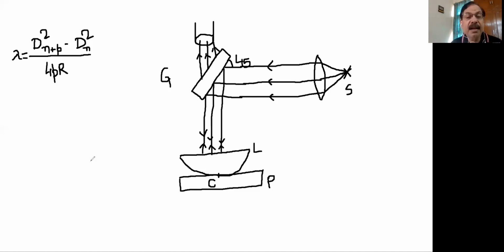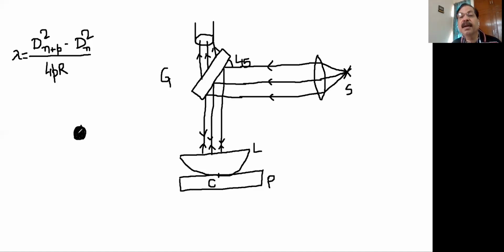Now I am drawing the diagram of Newton's ring. In Newton's ring, for the reflected light, the center is a circular patch like this.